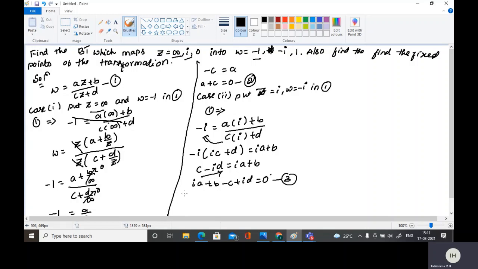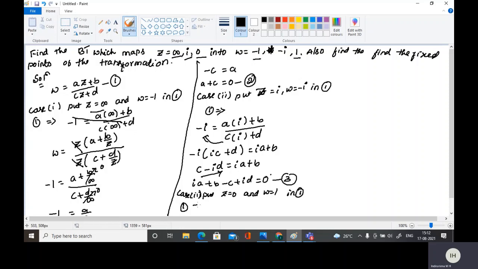Case 3. Put z is equal to 0 and w is equal to 1 in equation 1.